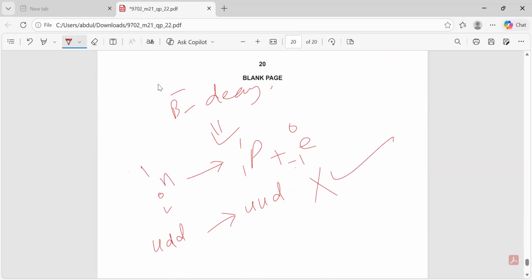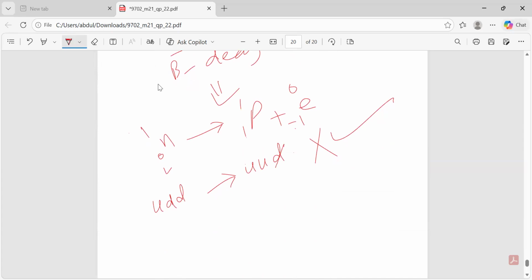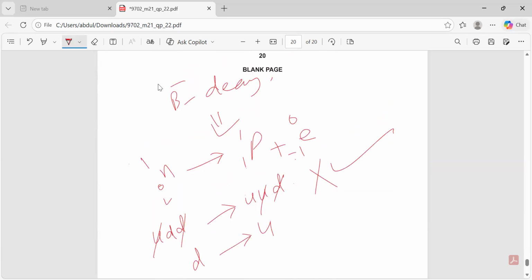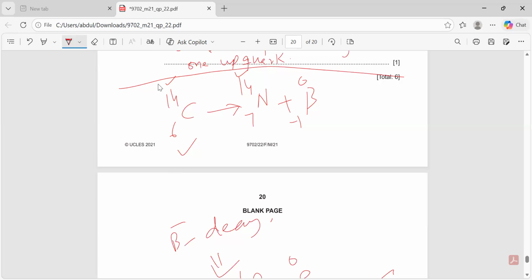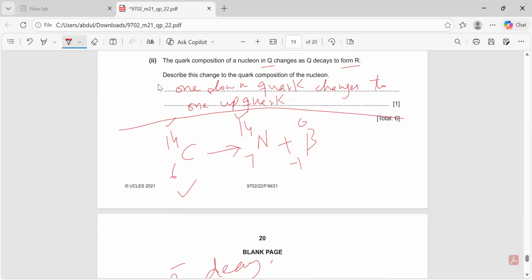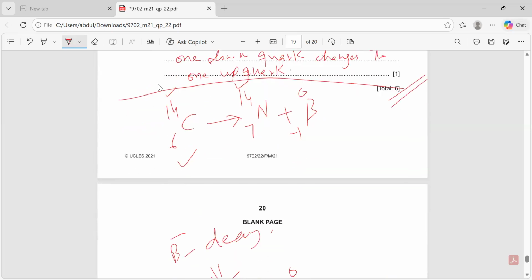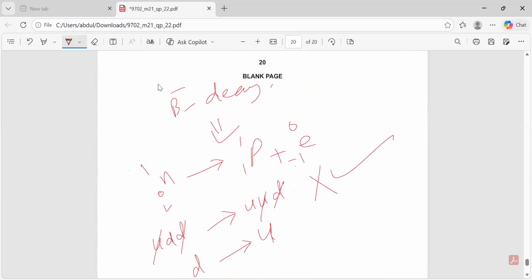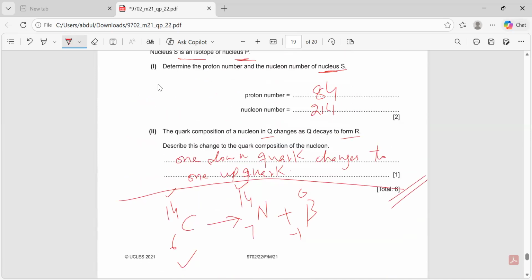You may be thinking, how? This down is cancelled by down, this up is cancelled by up. Basically, down to up. That's why, my dear sons, I wrote here one down quark is changed to one up quark. Only 1 mark, no need to go for explanation, but I have explained how this all happened.